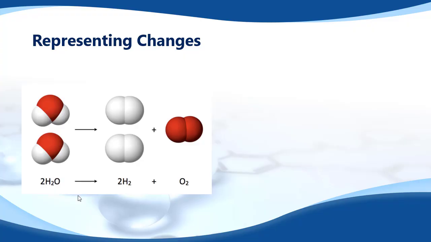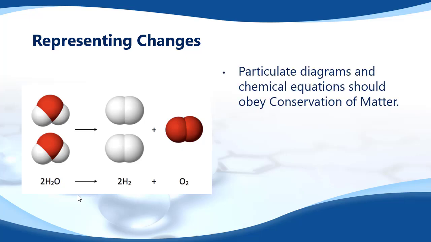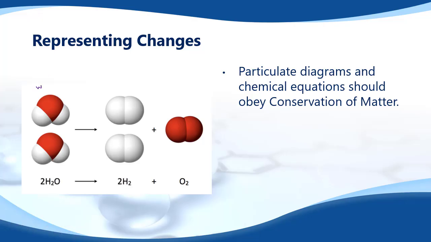The first way is with what's called a particle or a particulate diagram, right? So we have our water molecules up here, right? Let me just get my pen set up. So we have our water molecules, we react them. Now there's something missing from this equation, right?